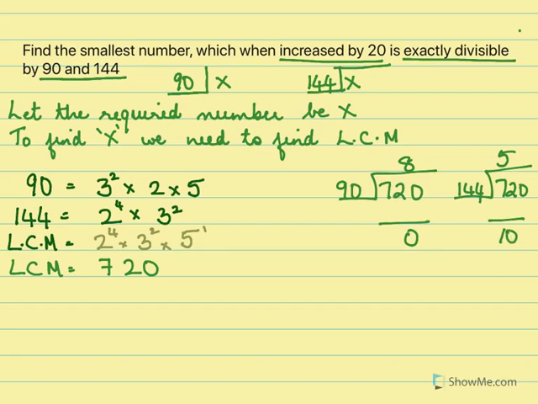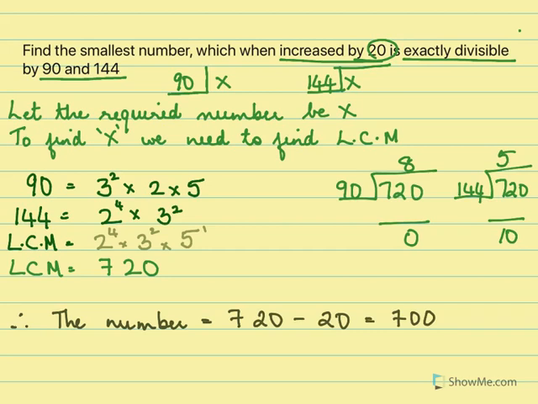But we want the number which, when increased by 20, is divisible. Therefore, the required number is 720 minus 20, which is 700.